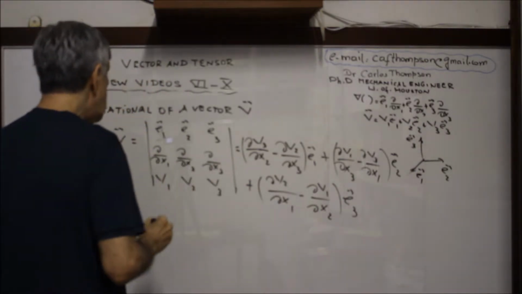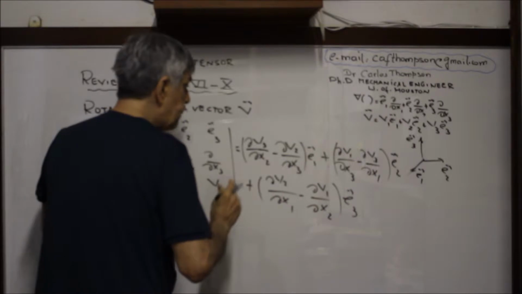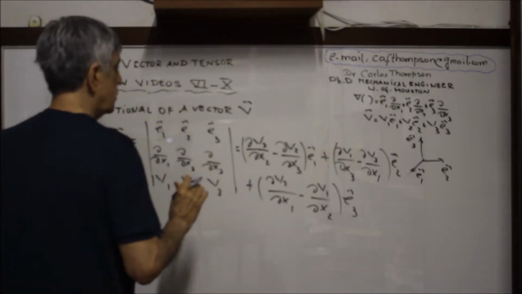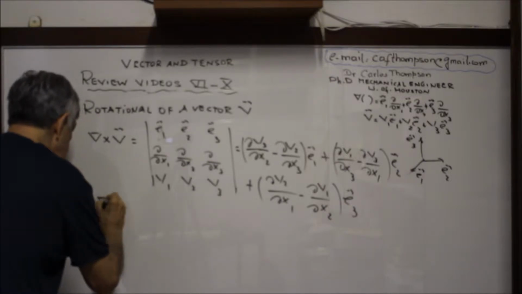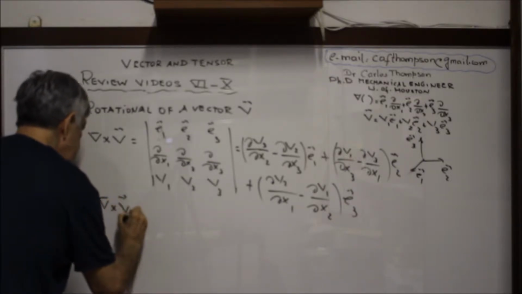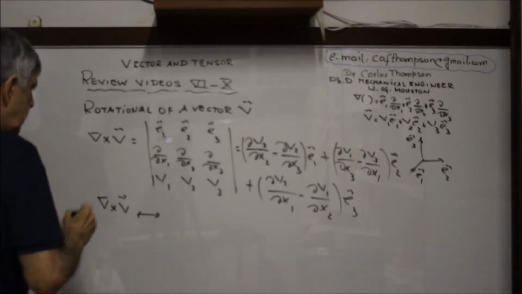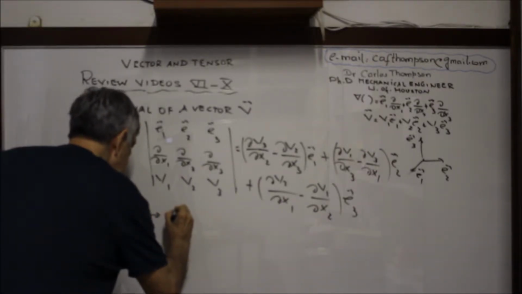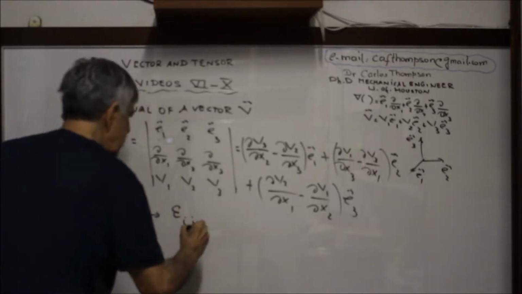Now, how do we represent this using the permutation symbol? Now, you see, look, rotation of V, now you'll be using the permutation tensor. Now, here will be epsilon i j k.